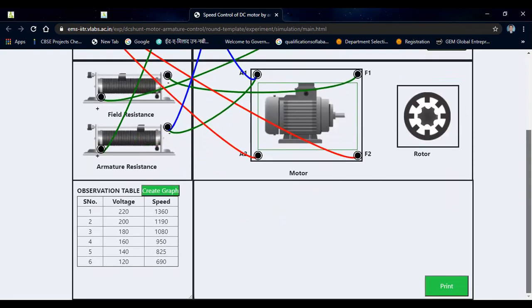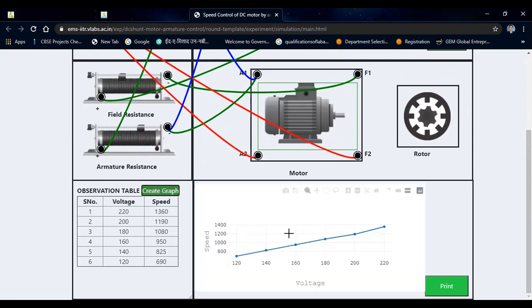So if we observe this observation table, when the voltage across the armature goes on decreasing, the speed of the motor goes on decreasing. Now if we plot the curve between speed and voltage, we will get this curve.